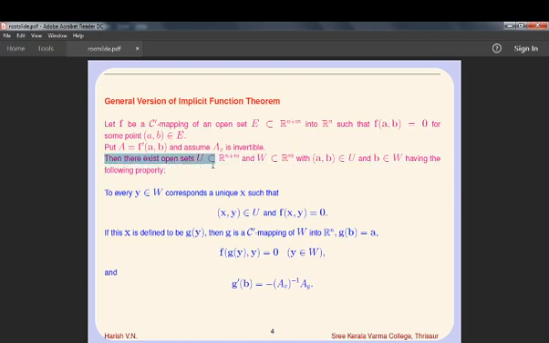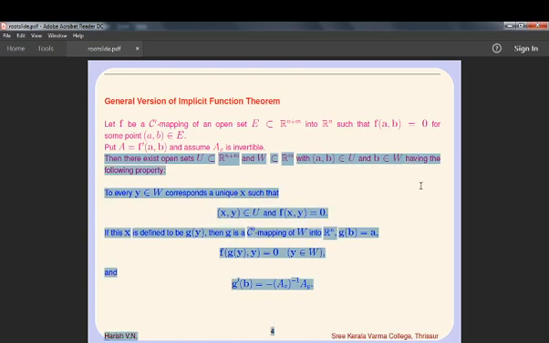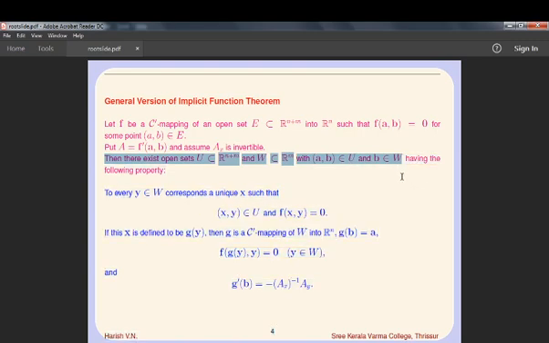This is the assumption, and the conclusion is, then there exist open sets U contained in Rn plus m and W contained in Rm, with a comma b in U and b belongs to W, having the following property. To every y in W corresponds a unique x such that x comma y is in U and f of x comma y is equal to 0.